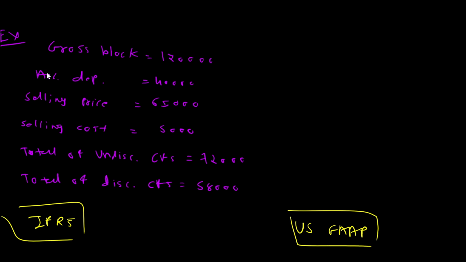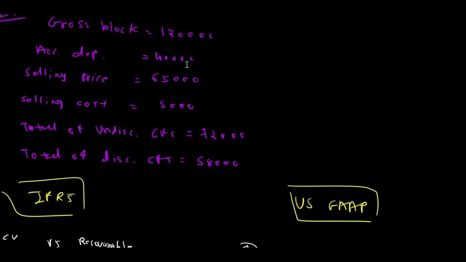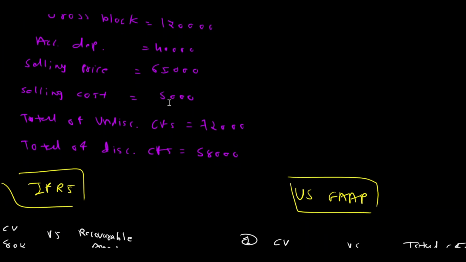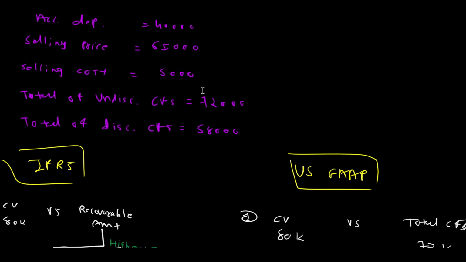Let's understand the second example. In the second example, gross block is 1,20,000, accumulated depreciation is 40, selling price is 65, selling cost is 5, total undiscounted cash flow is 72,000, and my total discounted cash flow is 58.